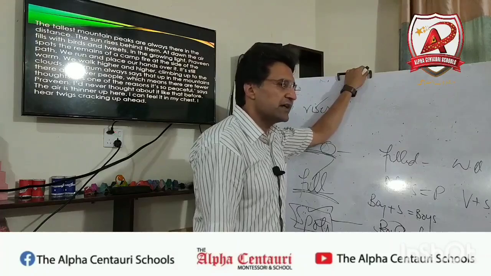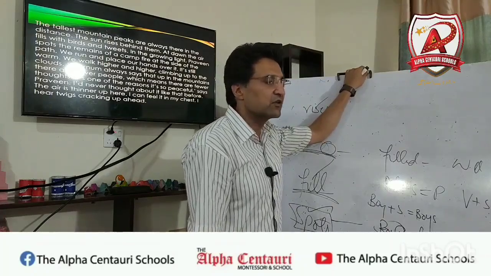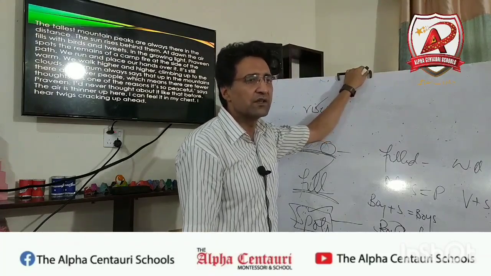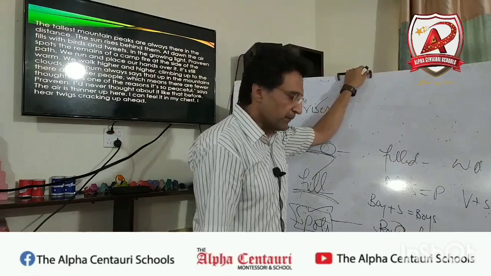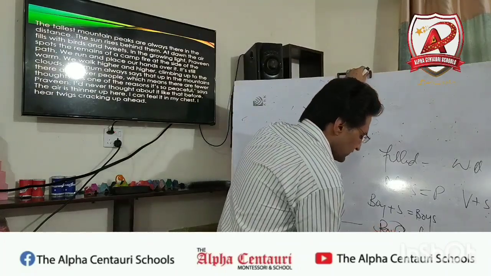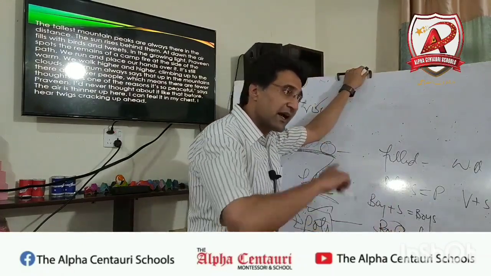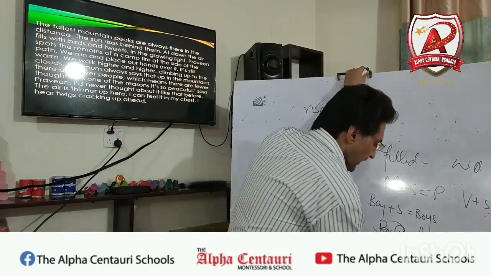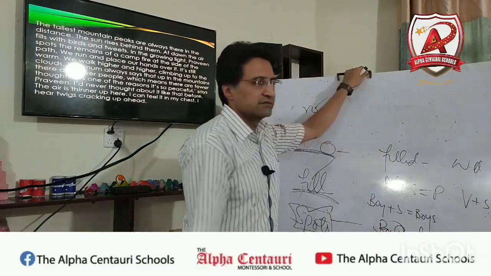I can't say boys plays. I can't go for doubling. Got it, ji? But on the other hand, when I'm saying boy, I'm removing S from boy. Then I'll add it with the verb. Boy plays.